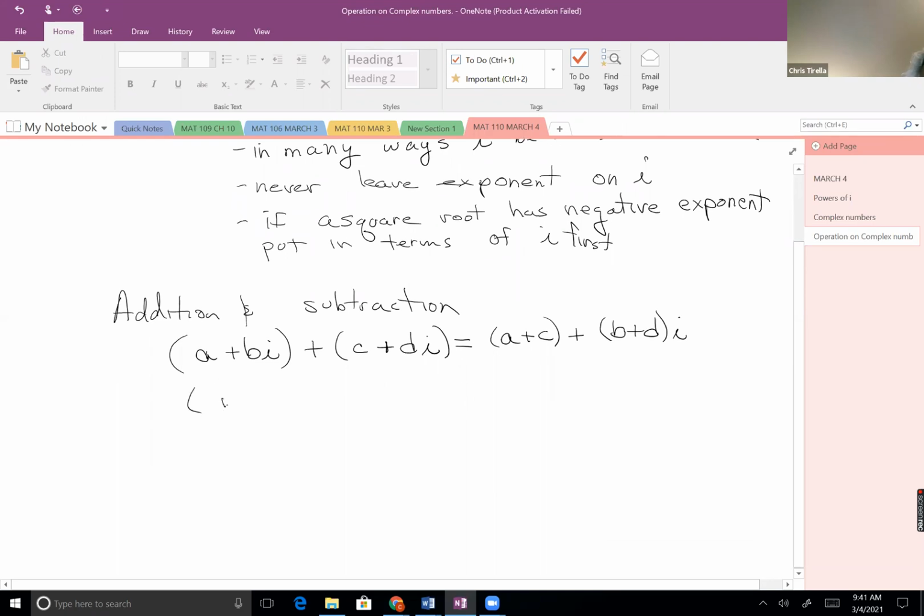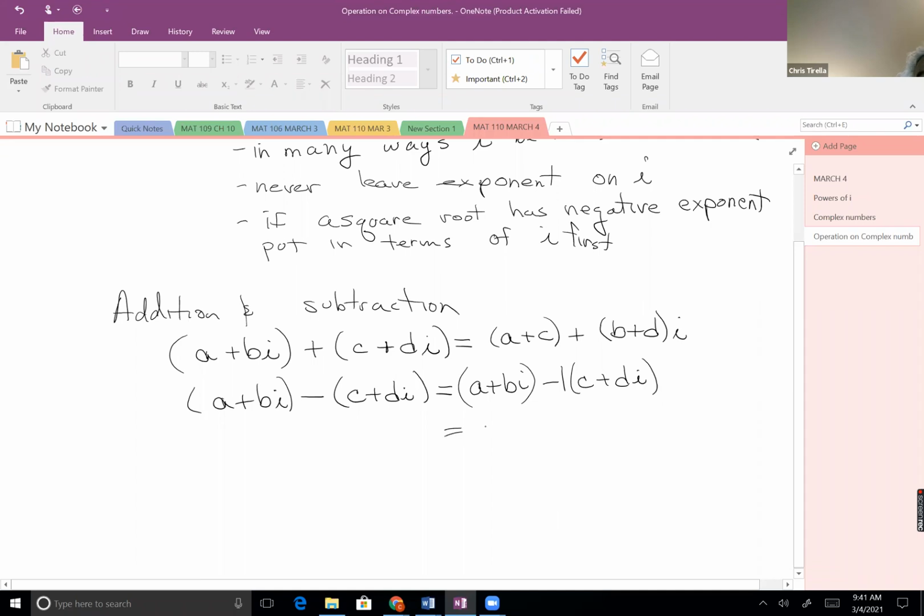And if I have a plus bi minus c plus di, I'm going to treat this in the same way that I treat subtracting polynomials. I'm going to keep the first one the same. I'm going to put that negative in front of the second.